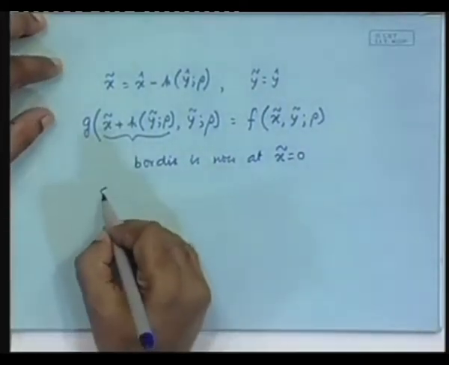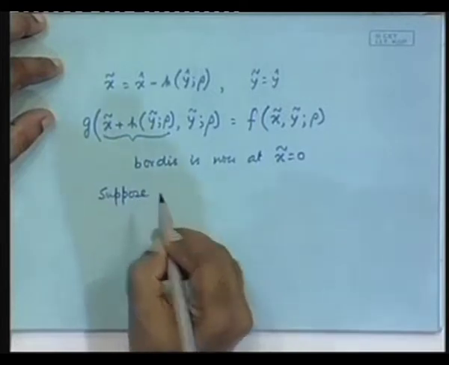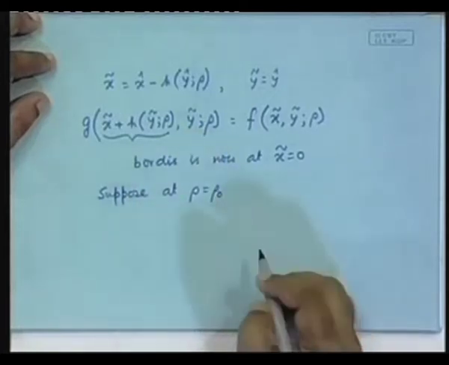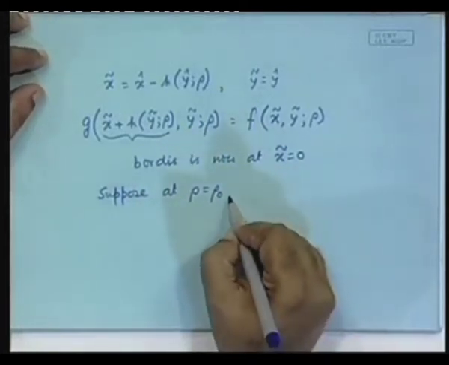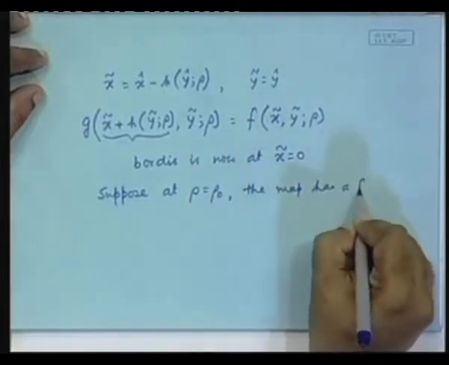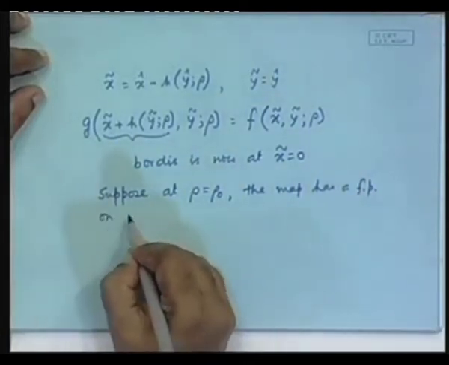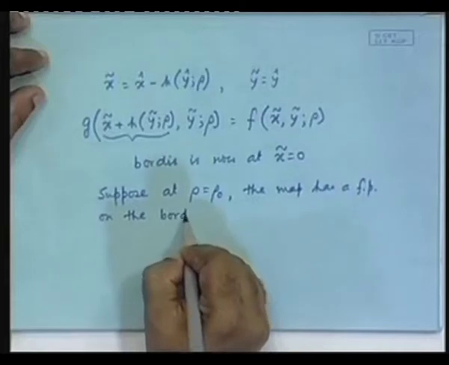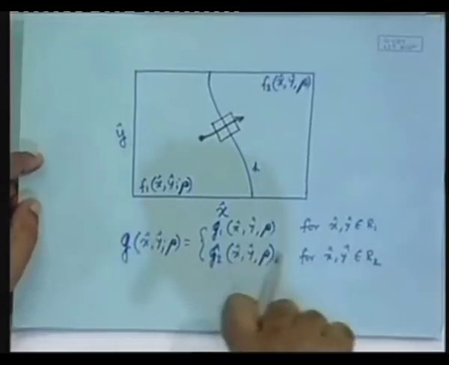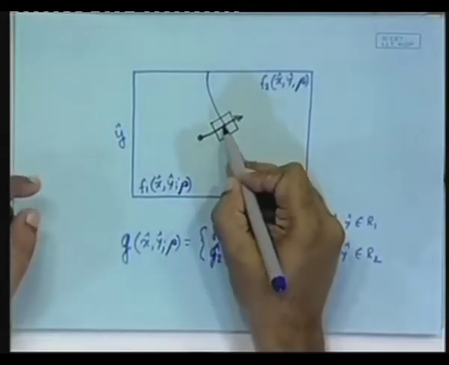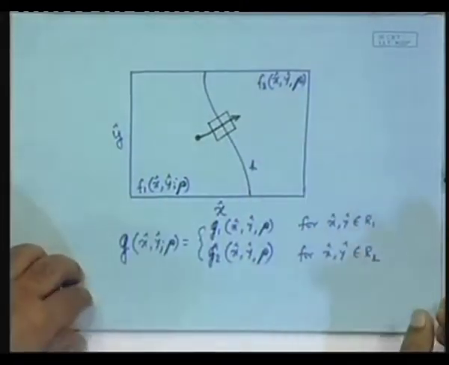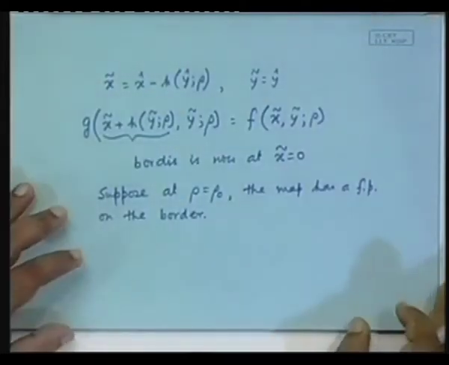So suppose at rho is equal to rho naught, the map has a fixed point on the border. So what happens? As you change rho, at some point it hits the border, and suppose that parameter value is rho naught, and we will now make some change, so that this thing happens at 0.